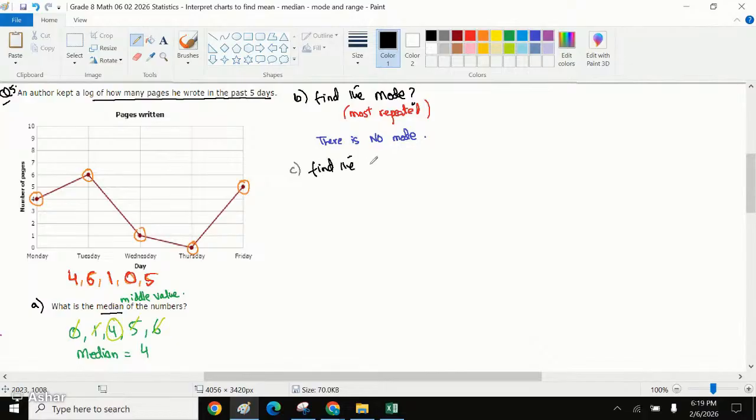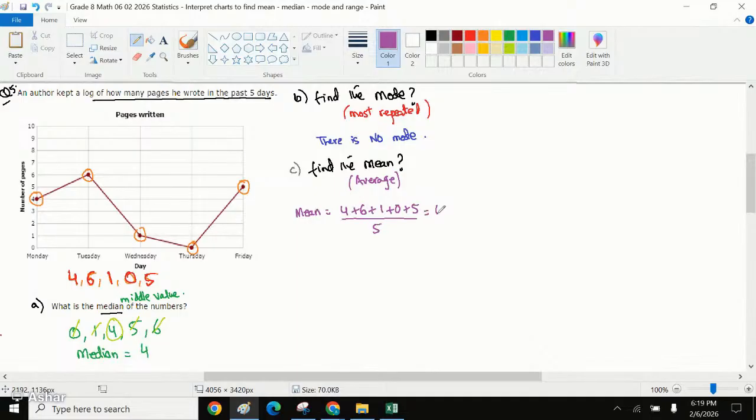Find the mean of the pages written. The mean means average. How do we find the average? We add all the numbers together. That means 4 plus 6 is 10, plus 1, 11, plus 0, plus 5, 16. There were 5 scores, so we divide by 5.